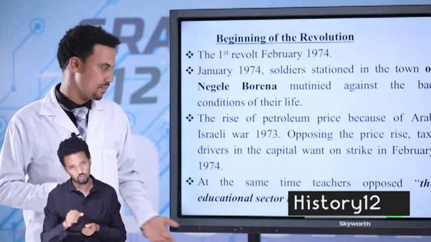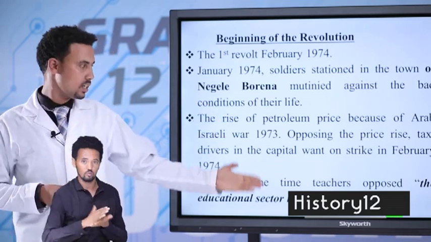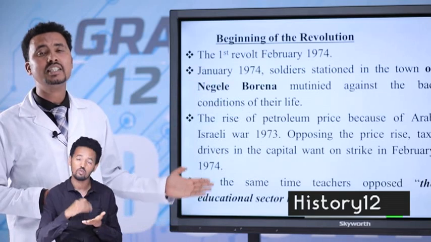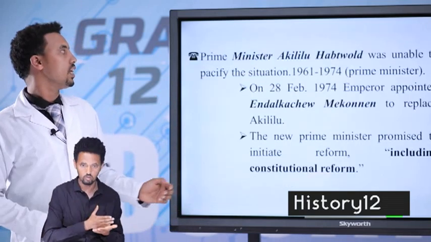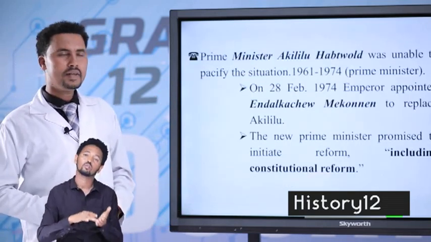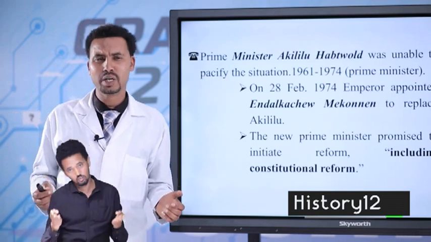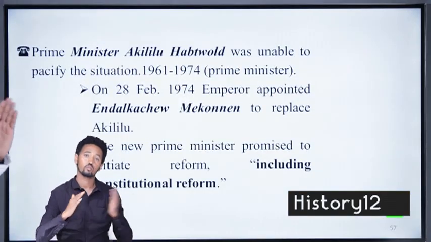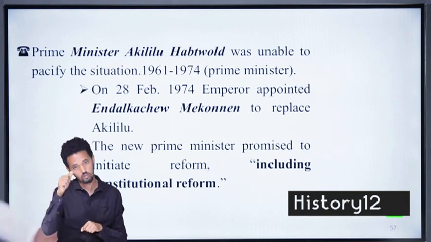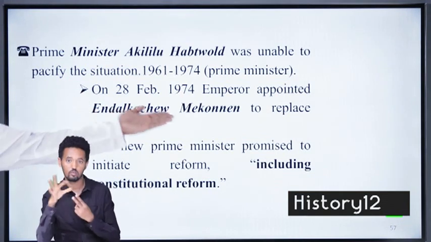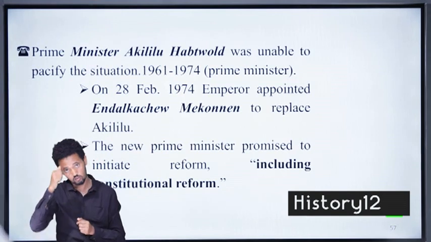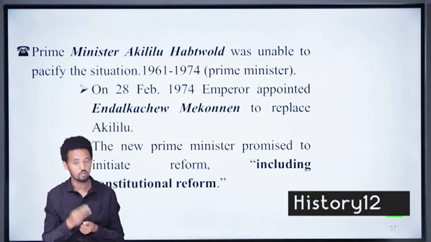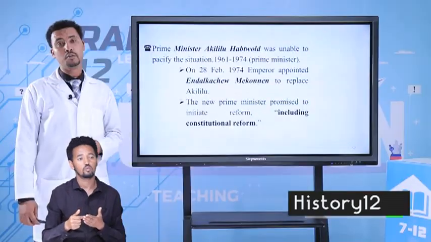At the same time, teachers opposed the educational sector review. Then Prime Minister Aklilu Habtewold, unable to solve the problem, was replaced by another Prime Minister, Endalkachew Makonnen. The new Prime Minister promised to initiate reform, including constitutional reform.